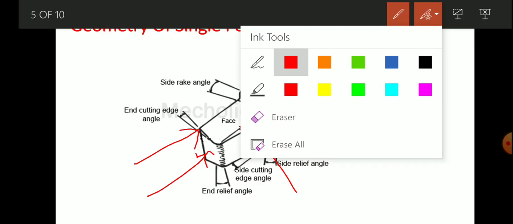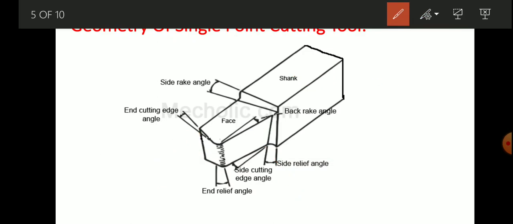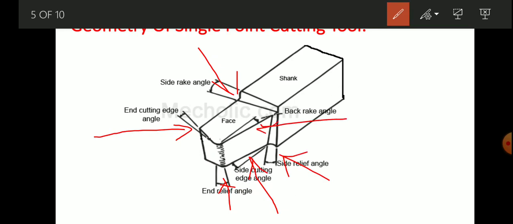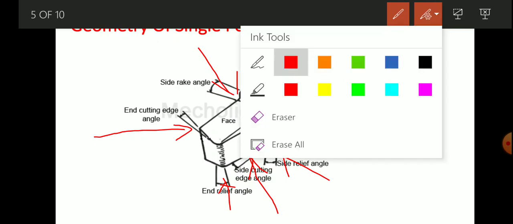It also consists of side rake angle, end cutting edge angle, end relief angle, side cutting edge angle, side relief angle, and back rake angle. Now let us see this one by one.